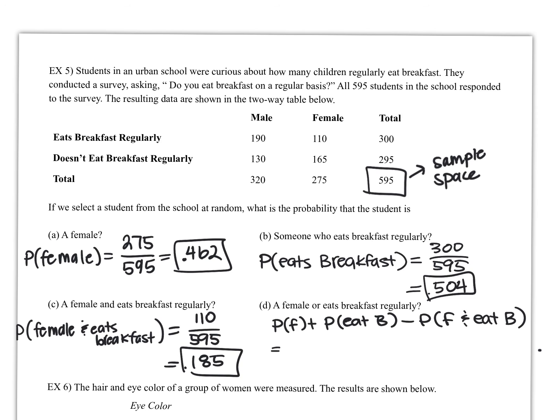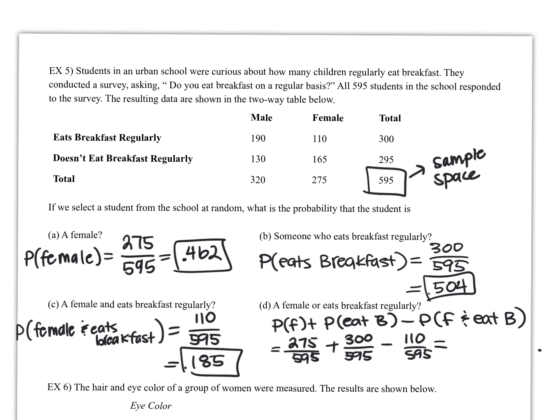So probability of being female, 275 over 595. Plus the probability that you eat breakfast, 300 over 595. Minus the probability you are a female and you eat breakfast, 110 over 595.